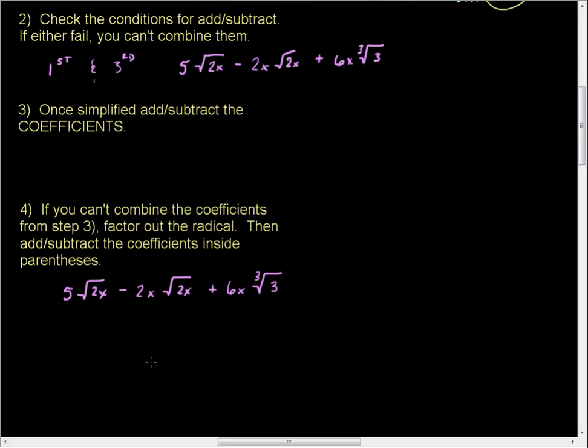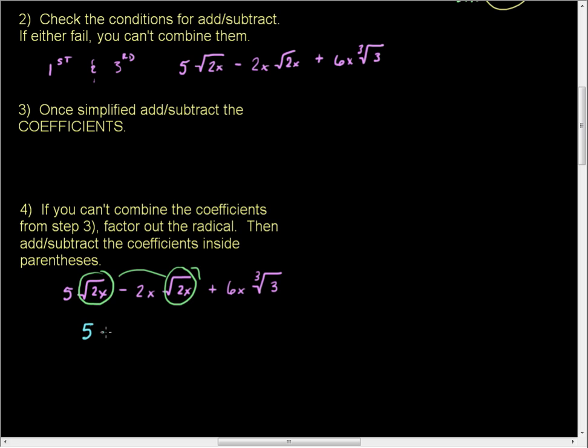If you can't combine the coefficients, factor out the radical. So we're going to take this root 2x and we're going to factor that out. And when we do that, the rest of it goes in parentheses. I put that as like a separate notification, but really this is what factoring out means.